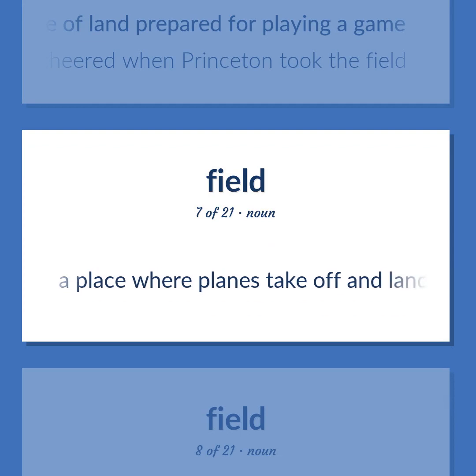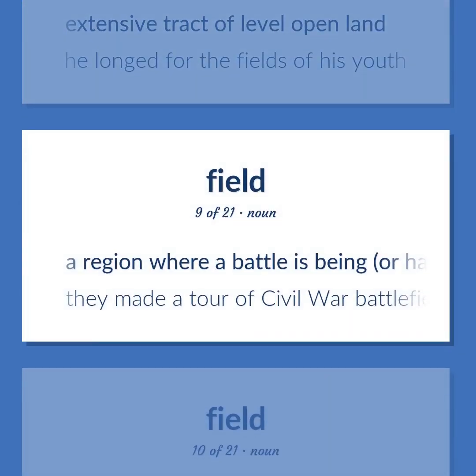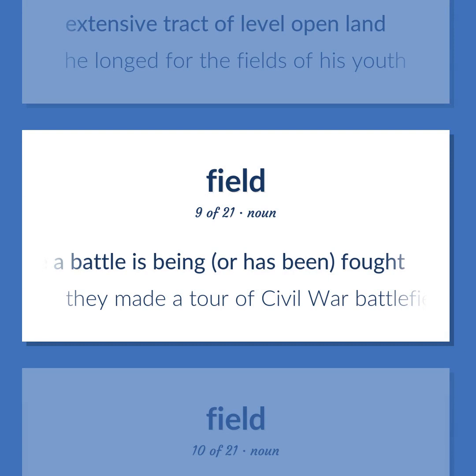A place where planes take off and land. Extensive tract of level open land. He longed for the fields of his youth. A region where a battle is being, or has been, fought. They made a tour of Civil War battlefields.